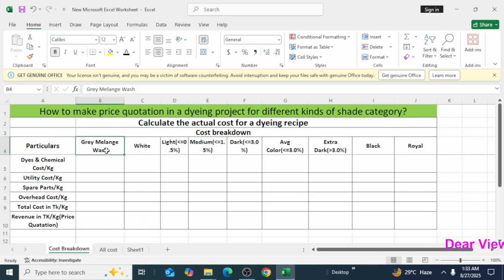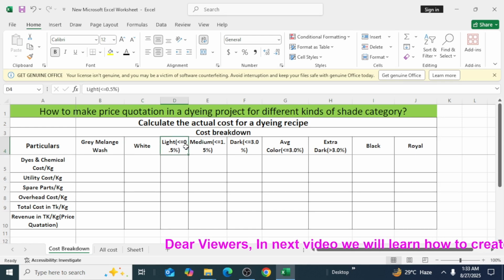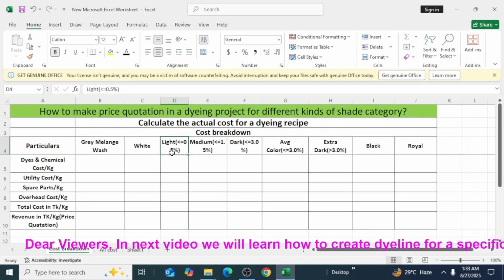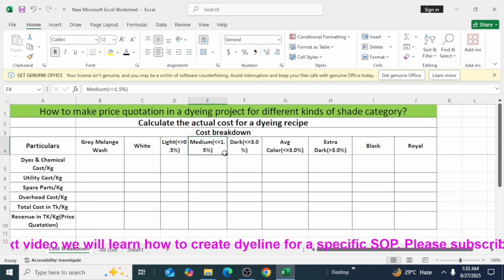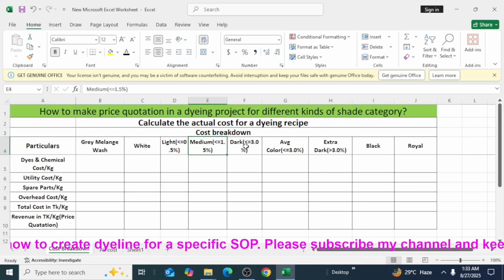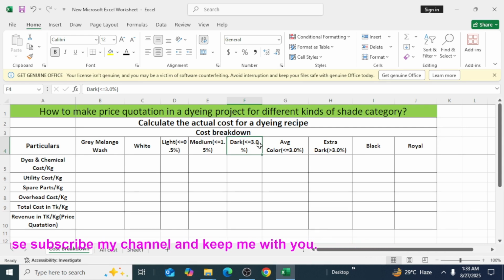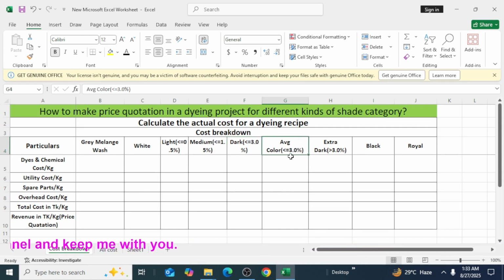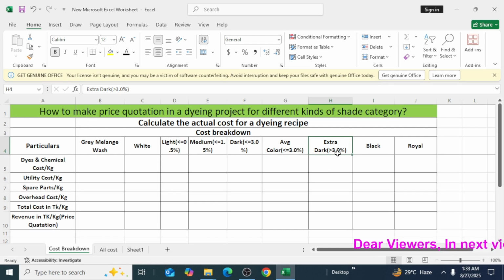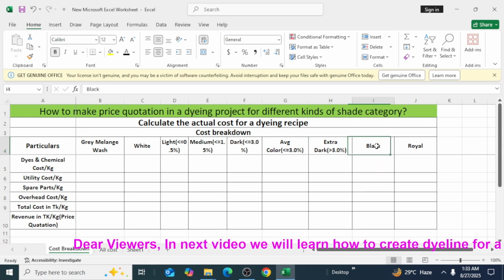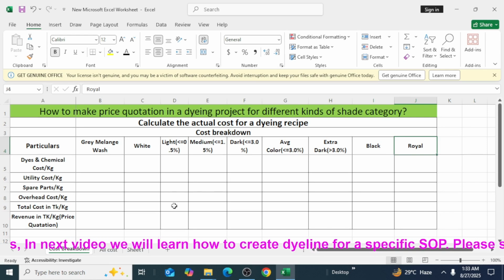That means gremlins wash, white, light, that means recipe percent less than equal 0.5%, medium color recipe percent less than equal 1.5%, dark color recipe percent less than equal 3%, average color recipe percent less than equal 3%, extra dark color recipe percent greater than 3%, and black and royal category.